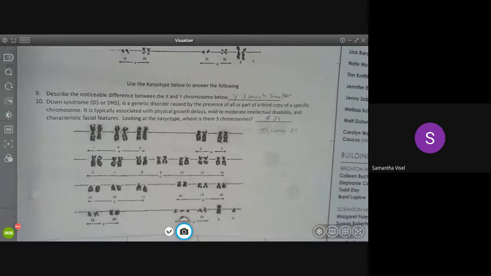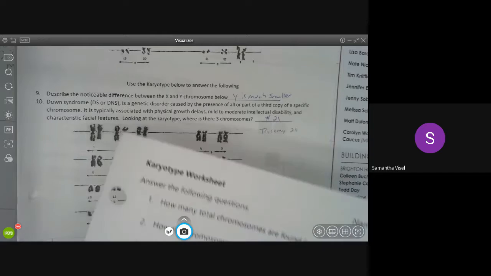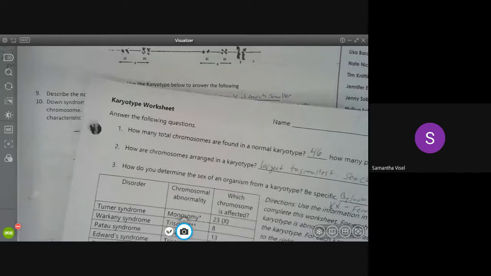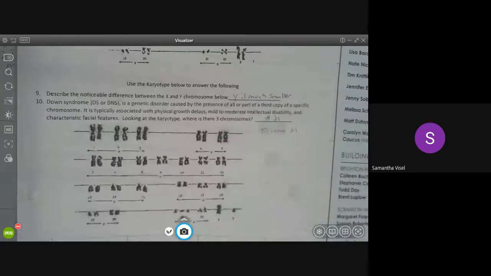Okay. So at this point in time, we're going to leave these notes out. And we have one more practice that we're going to take the time to do here. It's called Karyotype Worksheet up at the top. We're going to take a second to, once again, pause the video and get this handed out.